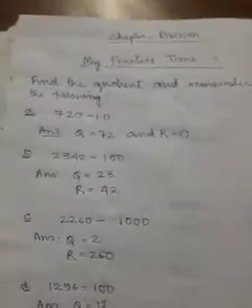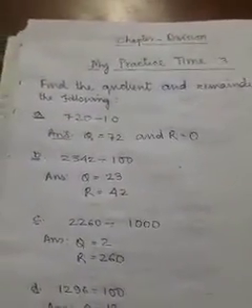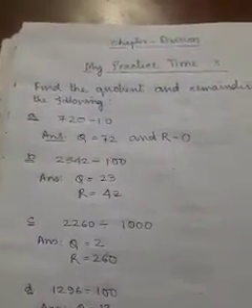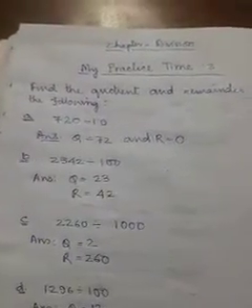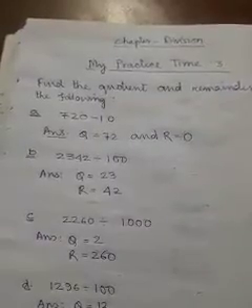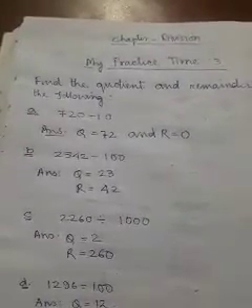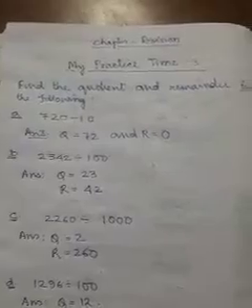Now going ahead with these chapters, today we will start with My Practice Time 3. In this, I will explain how to do division when the divisor is either 10 or 100 or 1000.